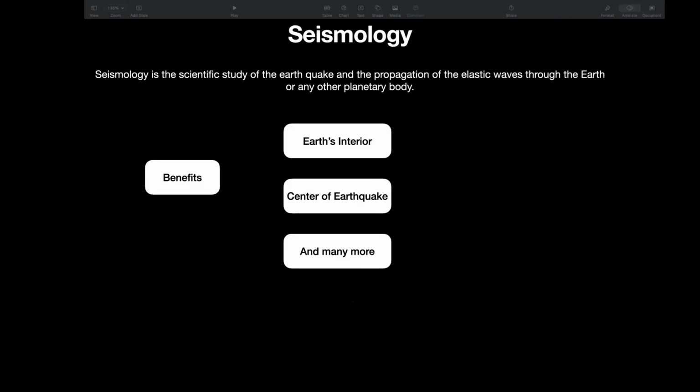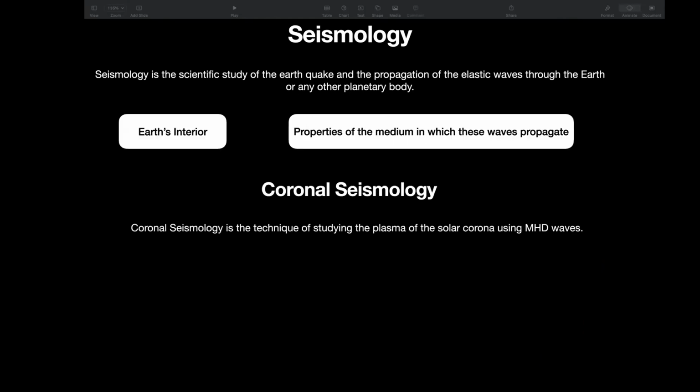Basically, the benefit of studying these waves is they can give us information about the medium in which they propagate, in this case the Earth's interior. It can also provide information about the center of that earthquake. If we go along similar lines and study the waves in the solar corona, that will help us understand the properties of the solar corona or solar atmosphere.